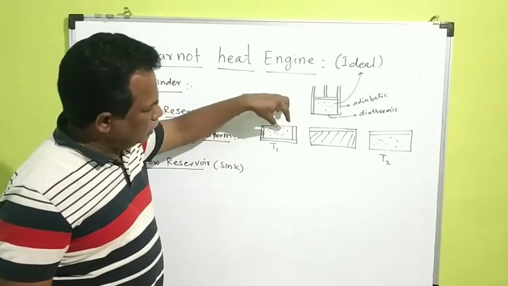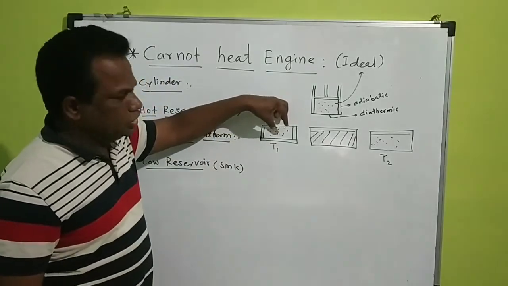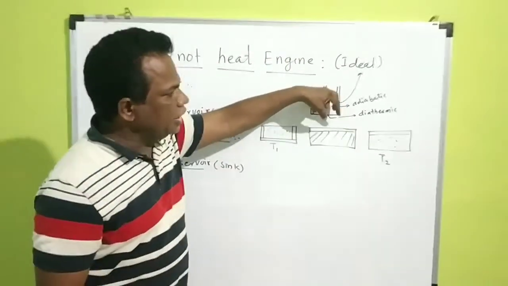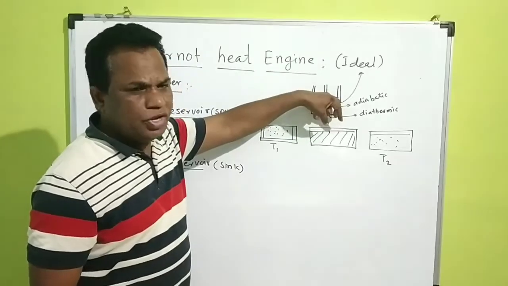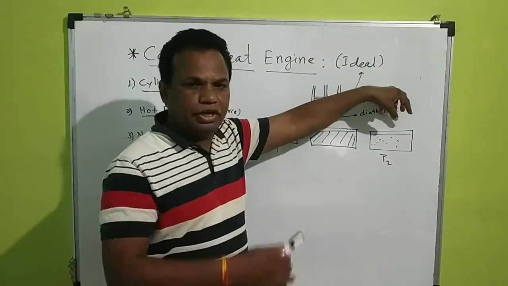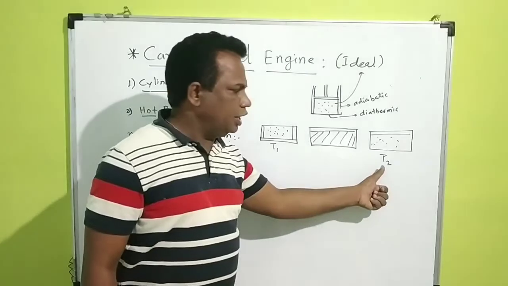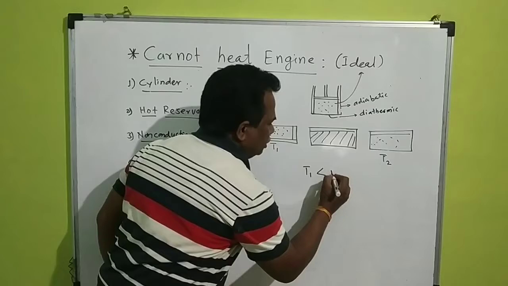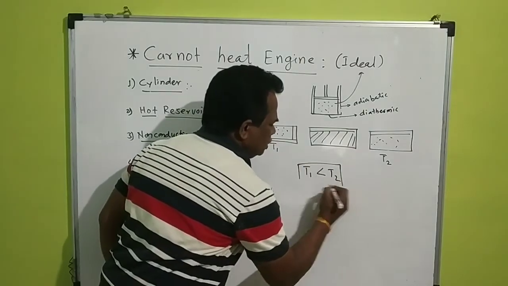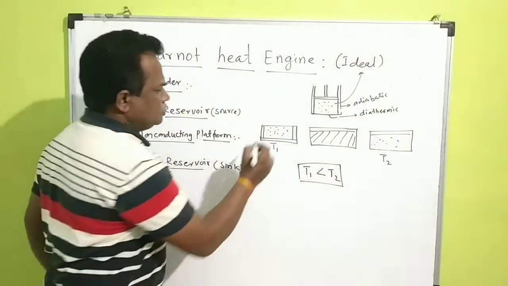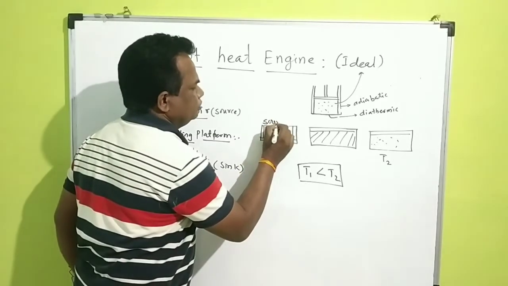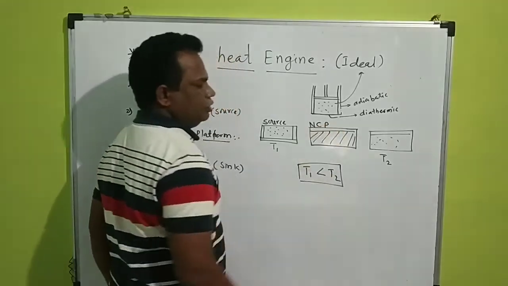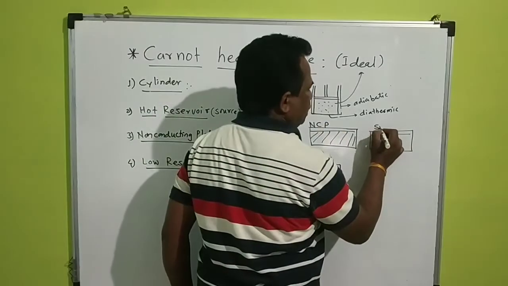So the heat energy taken from the source does some mechanical work at the non-conducting platform, and again remaining amount of energy is given to the sink where it is at lower temperature. So T1 must be less than T2. So this part is called as source. This part is called as non-conducting platform, and this part is called as sink.